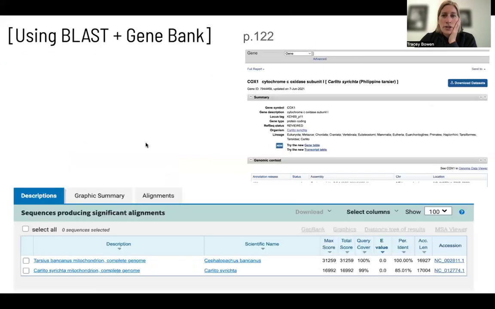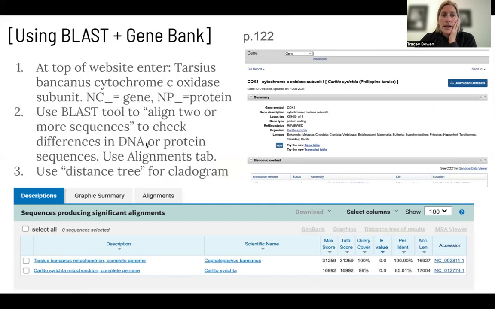So in order to map the DNA of organisms, we can use BLAST and gene banks, and there's links for this in the slides in the speaker notes. And what we could look at here, and it talks about this in your textbook on page 122, is comparing the genomes of the Philippine tarsier and the Horsfield's tarsier.